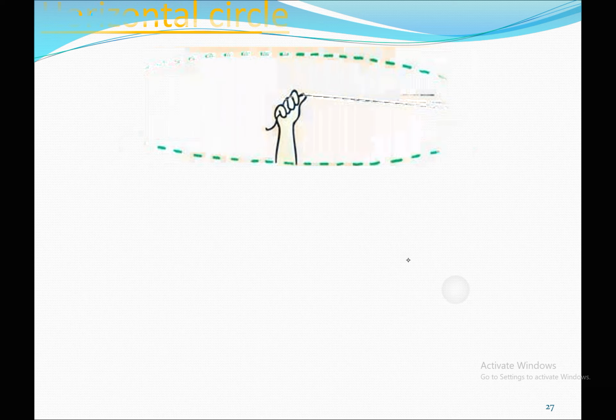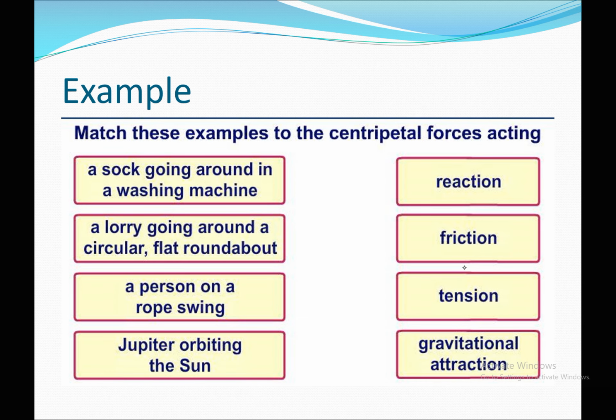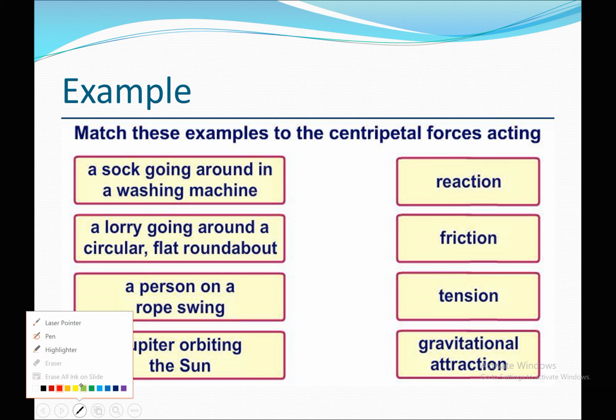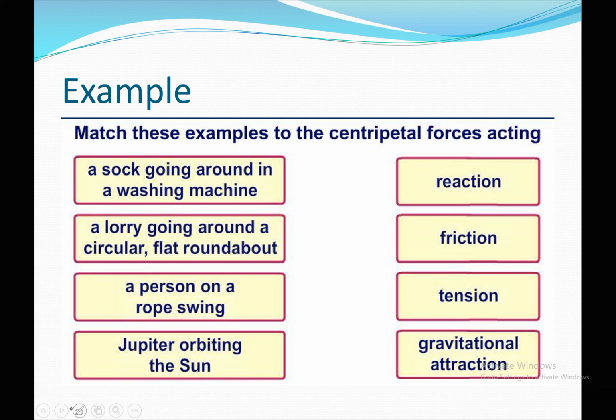So let's see a few examples. Example number 1: match these examples to the centripetal forces acting. Before we do the examples, I want us to remind ourselves of the formulas that we may need.